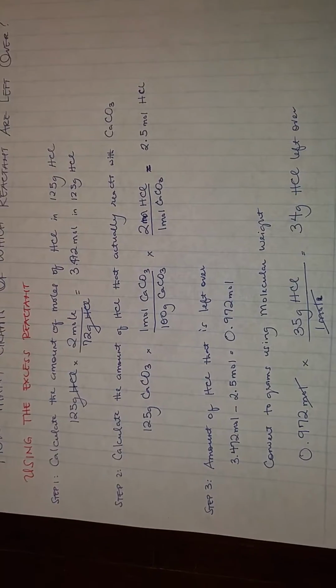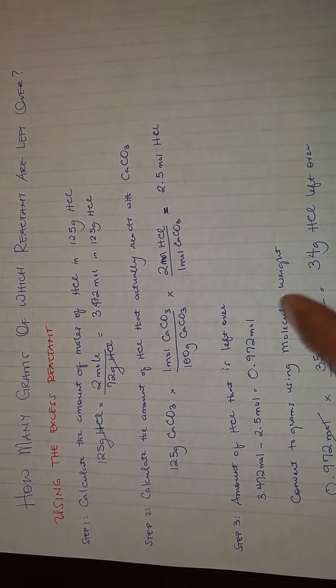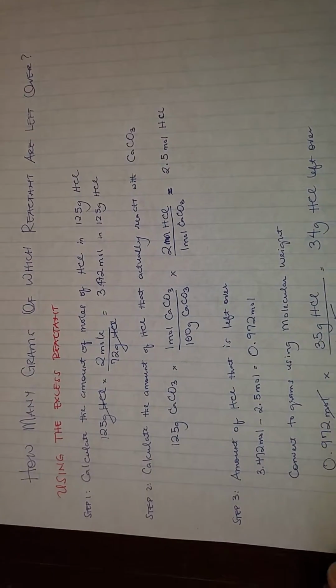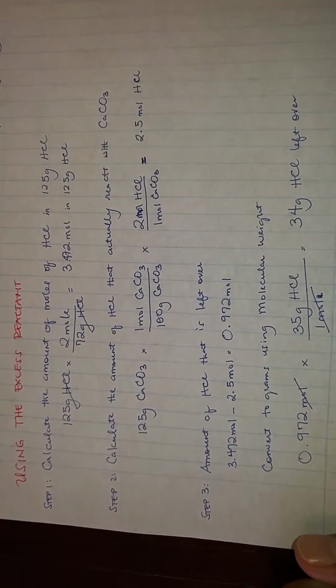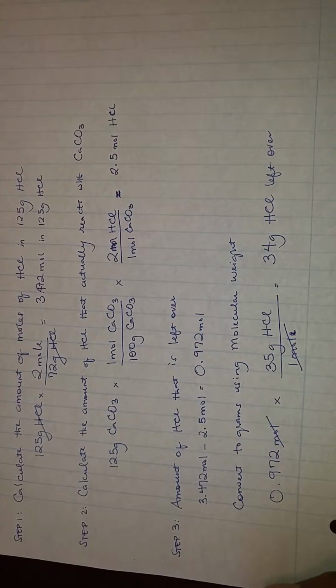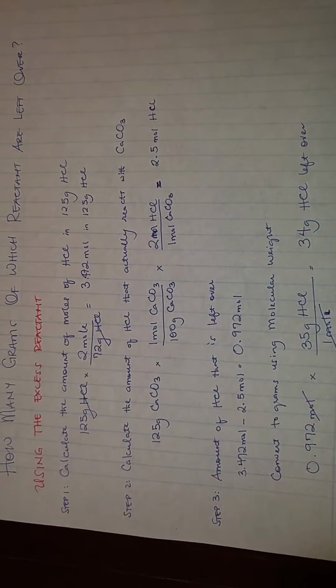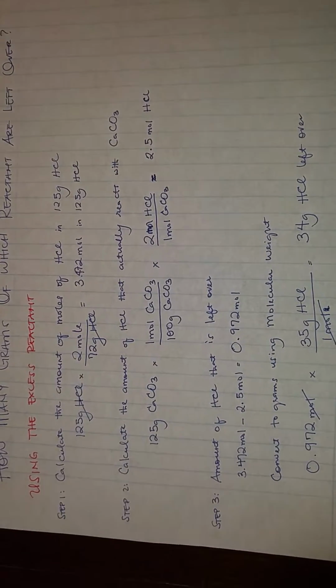By using the mass of calcium carbonate and its molecular weight, reacting with 2 moles of hydrochloric acid and 1 mole of calcium carbonate, we have 2.5 moles of hydrochloric acid actually reacting with calcium carbonate.